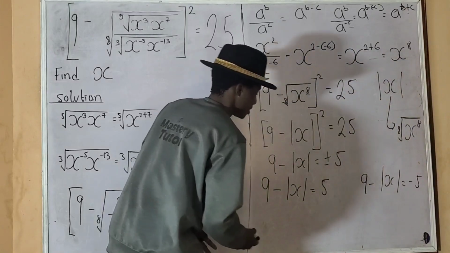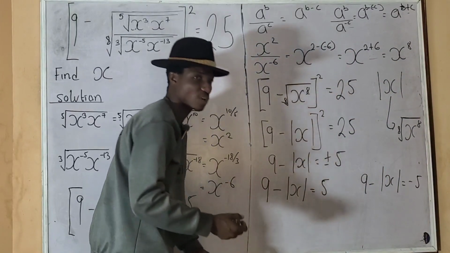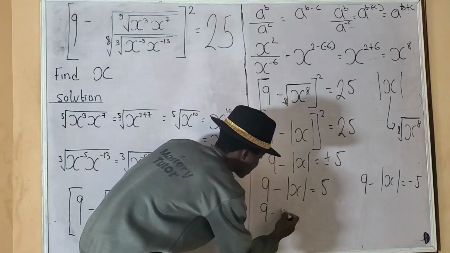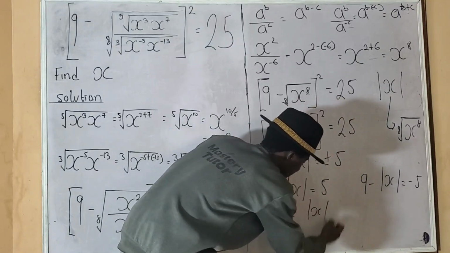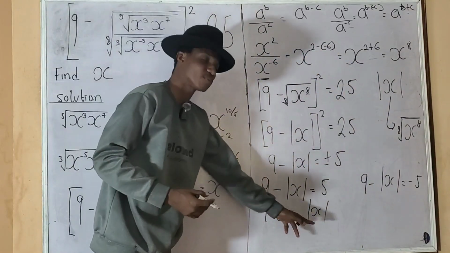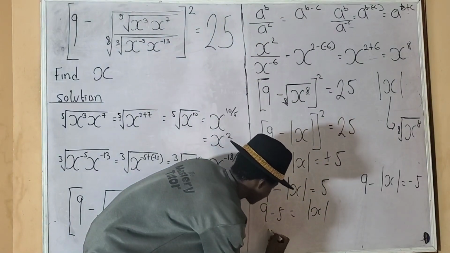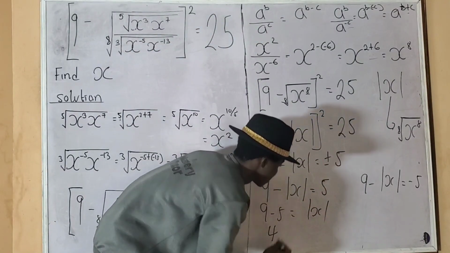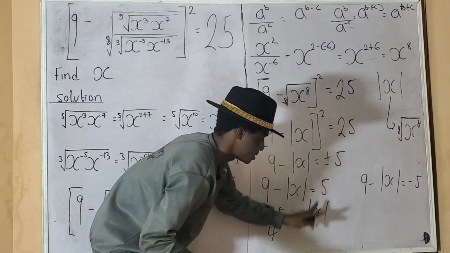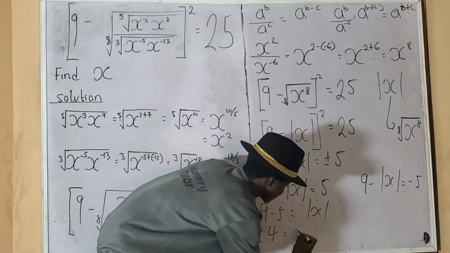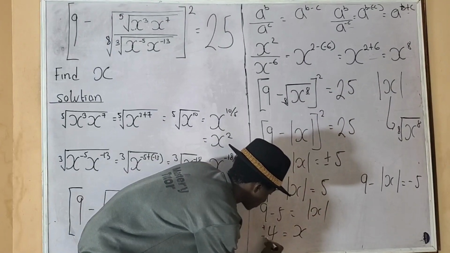Let's deal with this first. Now, if you remove the absolute value, what are you going to have? You're going to have 9 minus 5, right, equal to the absolute value of x. That is, you just make this the subject of the relation, right? So here, 9 minus 5 is 4, right? So I'm going to have 4 here. Do not forget this. Equals to x. So you're going to have plus or minus 4.